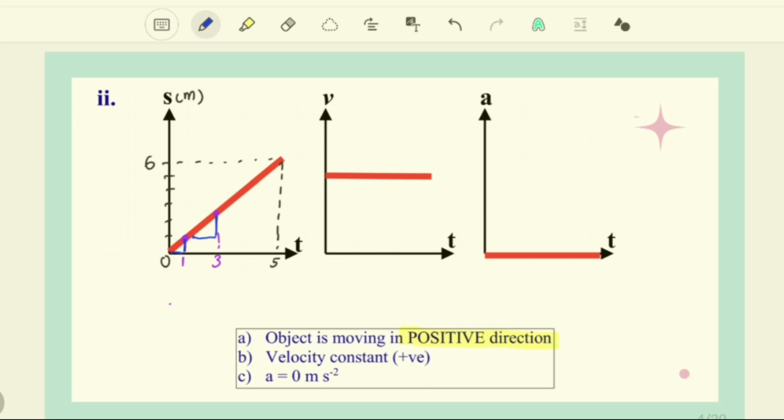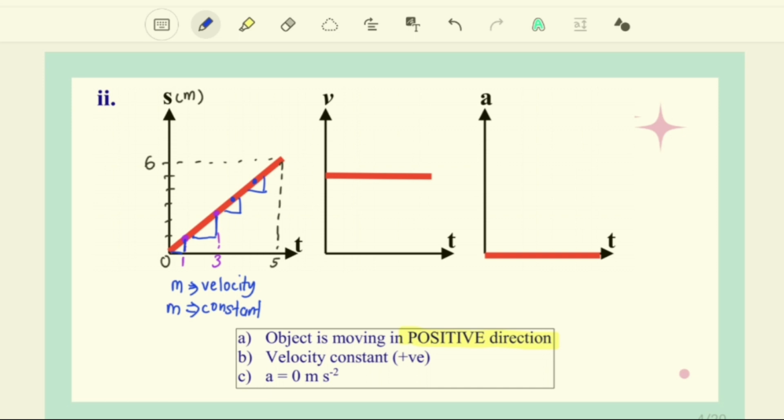So bila kita kira kecerunan graf ini, memberi kita nilai velocity. In 5 seconds, maknanya objek tu bergerak ke hadapan, ke kanan, in the positive direction. At any point, since this is a straight line graph, the gradient is constant. Kat mana-mana point pun, gradient dia sama. The gradient is constant, which means that the velocity is constant.